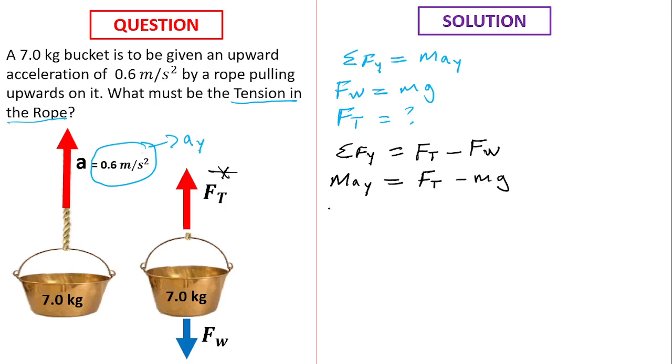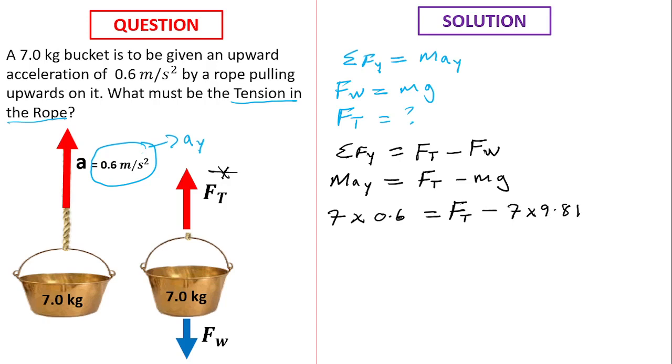Then you know that you can easily get the mass, which is 7, times the acceleration, which is 0.6, should be equal to the tension, which is the force in the rope, minus mg, which is 7 times 9.81.